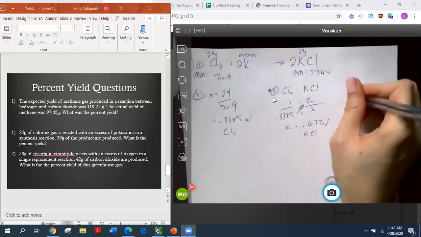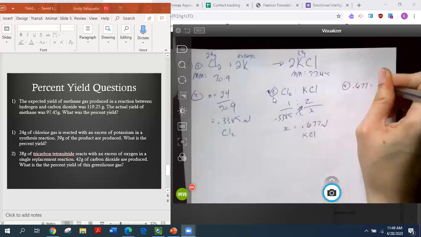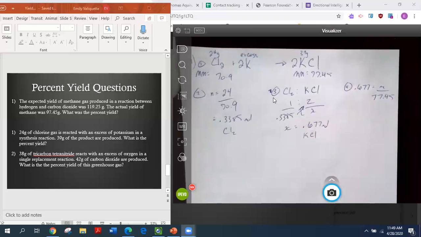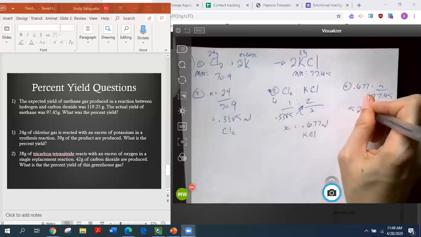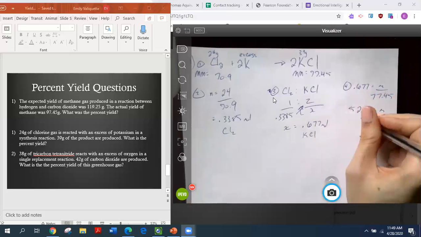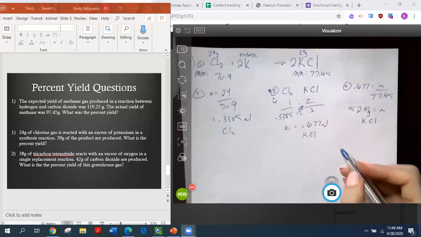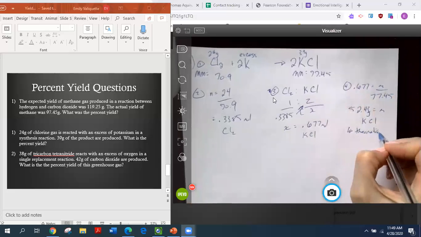My next step, step 4, is going to be to use moles equals mass over molar mass to solve for the mass of potassium chloride. And you should get about 52.43 grams as the mass of potassium chloride. That is your theoretical yield.